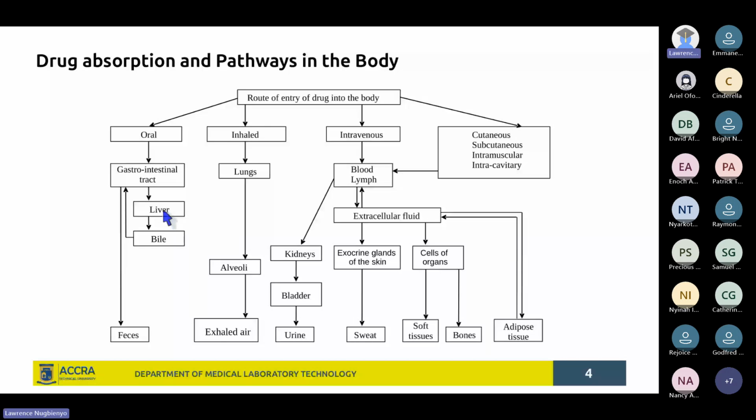And as metabolism occurs there, you have the metabolites and the drug itself getting stored in the bile.